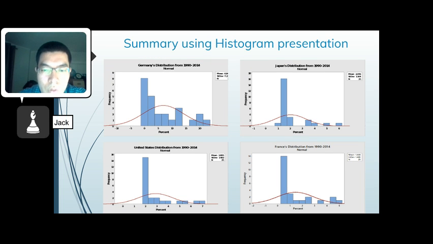Here we see the four plots about the distribution of growth percents from these four countries. We can see the German one is more different than the other three. When we ignore the baseline of growth of the Japan, United States, and France distributions, we can see they are more or less the same.